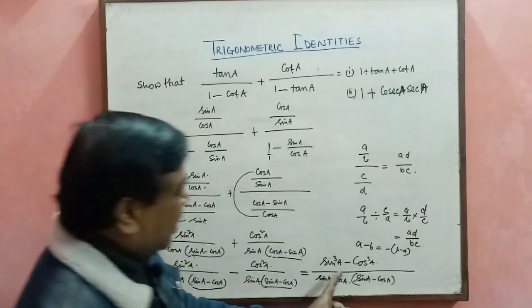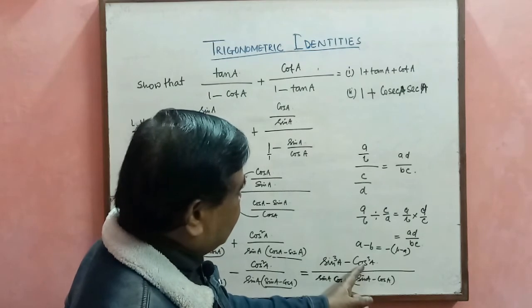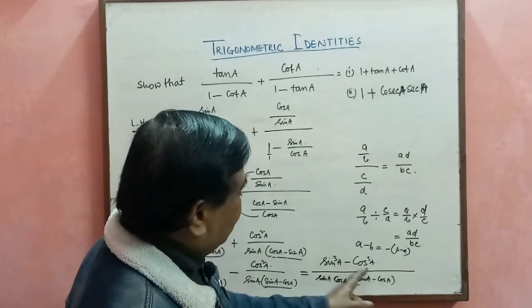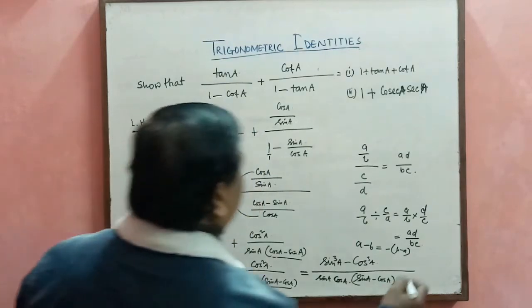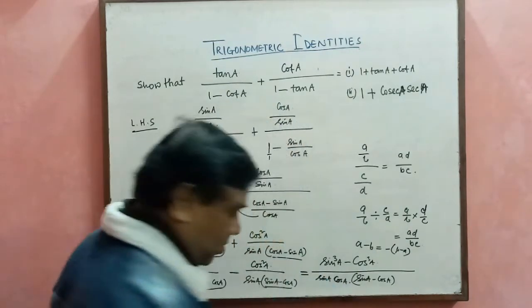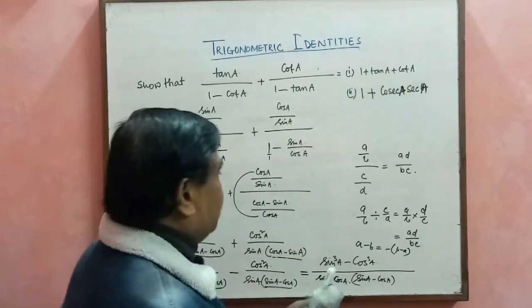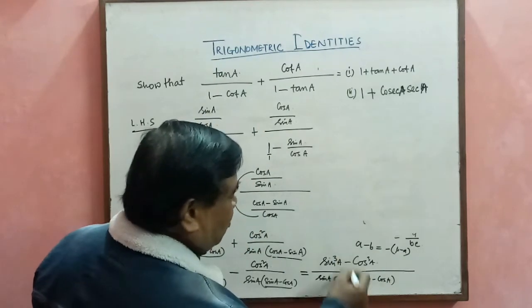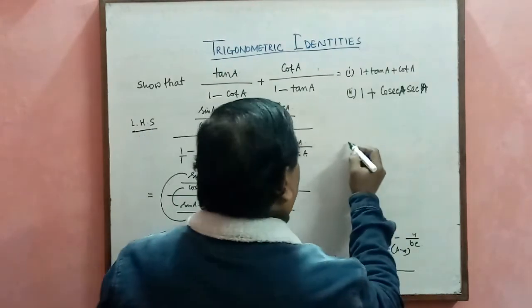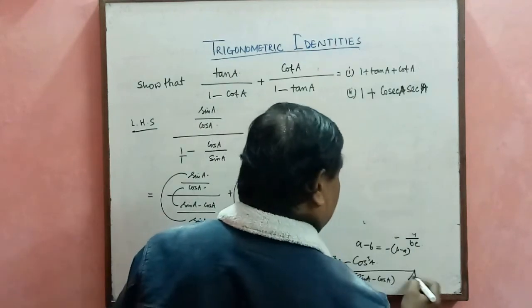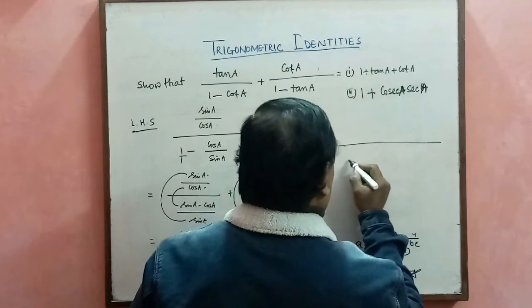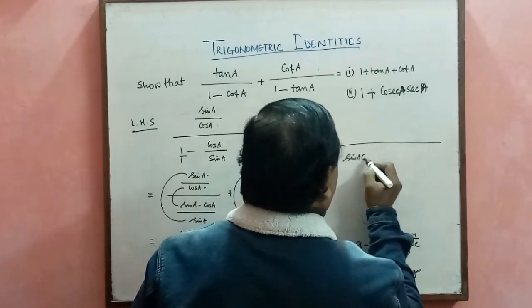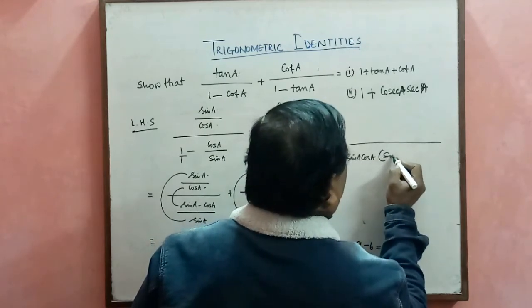You see, again a cube minus b cube is there. Here you have to use the algebraic identity. You come here. This is sin A cos A, (sin A minus cos A).